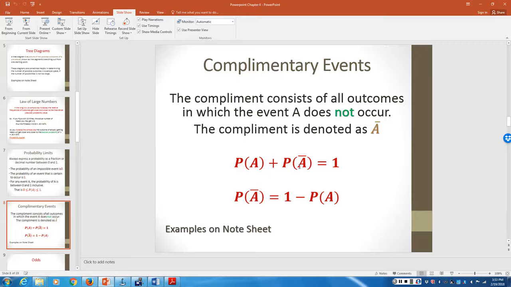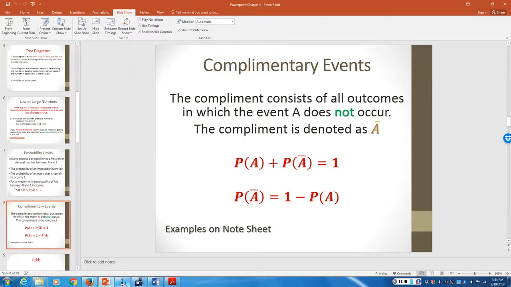That's why it's equal to 1. 50% of the time I expect heads, 50% of the time I expect tails, assuming that the person tossing the coin is fair and that the coin itself is fair. That also means that if you know the probability something will happen, you also know the probability it won't happen, because you can just subtract that from 1.